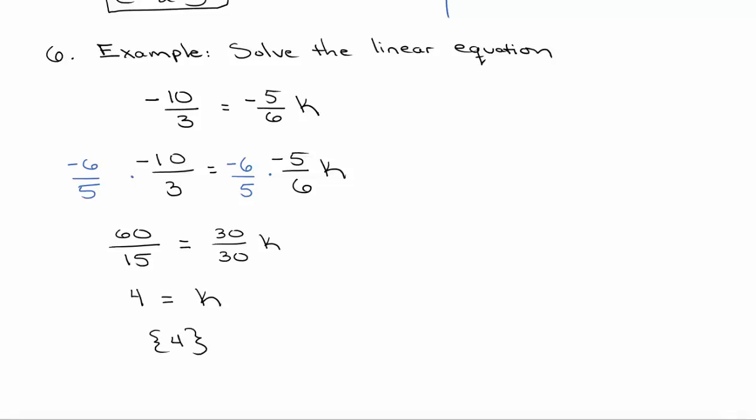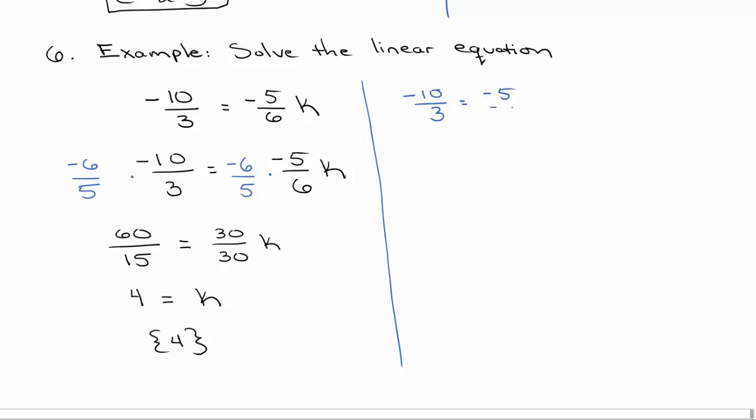Let's check that and make sure we have the correct answer. I'm going to substitute 4 in place of k, and this is going to give me -5 times 4 is -20. 6 times 1 is 6.